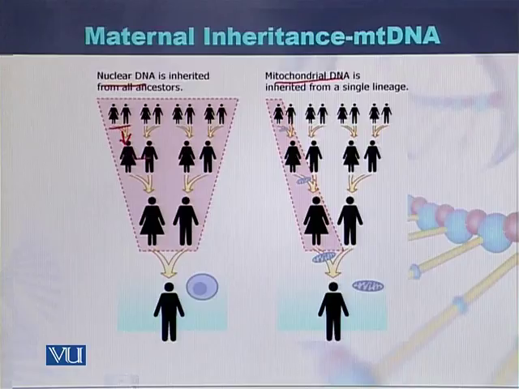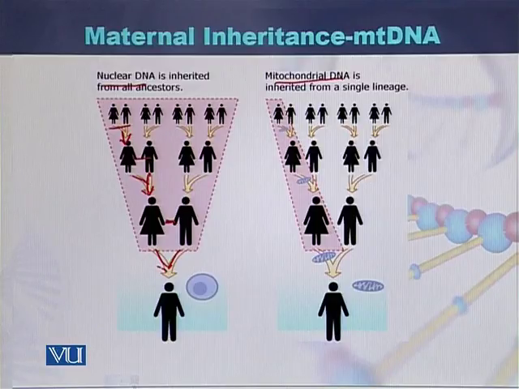Then there is again a cross between these two individuals, and they transfer the DNA to this individual. There is another cross between them, or marriage, and they transfer the DNA to this individual. So nuclear DNA is inherited from all the ancestors of that individual.